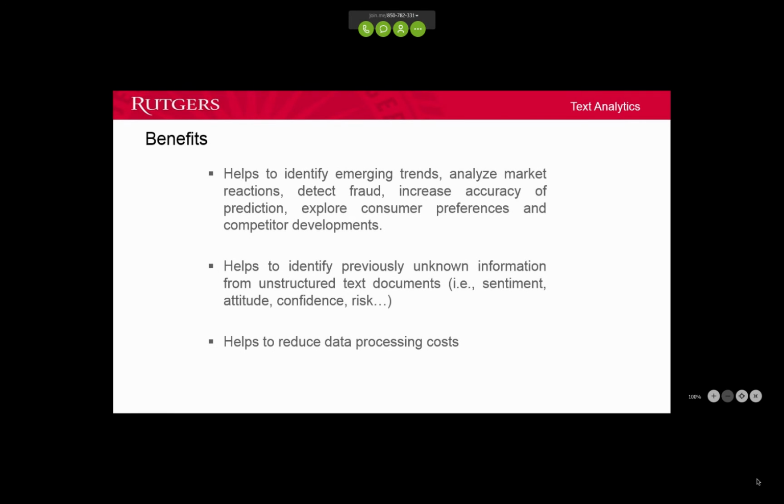By analyzing unstructured data, you're trying to get a competitive advantage. You're trying to get ahead of the game, okay? You want to understand market trends and reactions before anyone else does. You want to detect fraud. You want to be able to predict the future, understand consumer preferences, and so on.